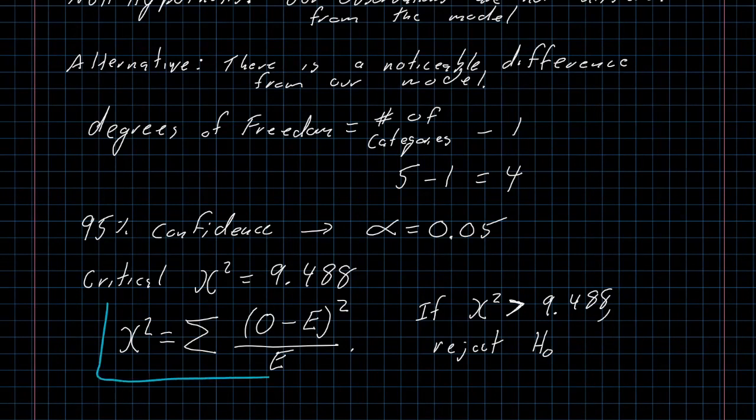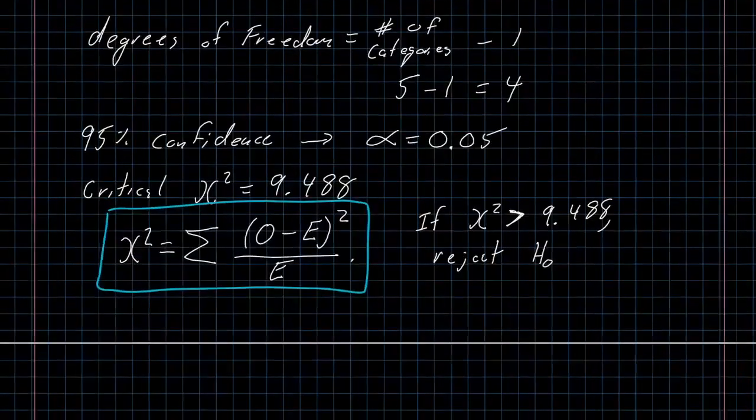Now, we have this formula. It's a formula involving a summation. And a formula involving a summation is going to behave similarly to the last formula we had involving a summation, which was the standard deviation formula quite some time ago.